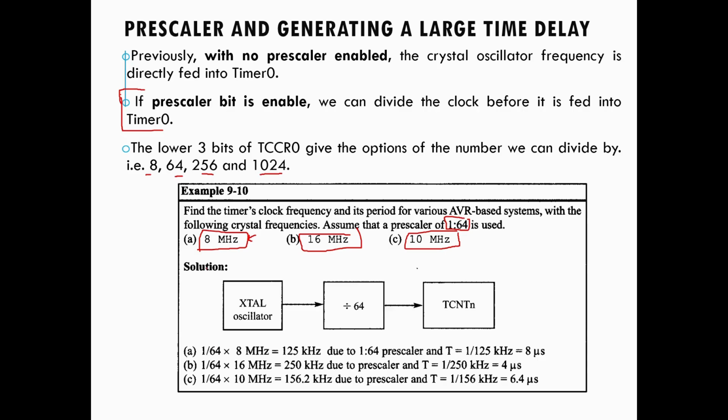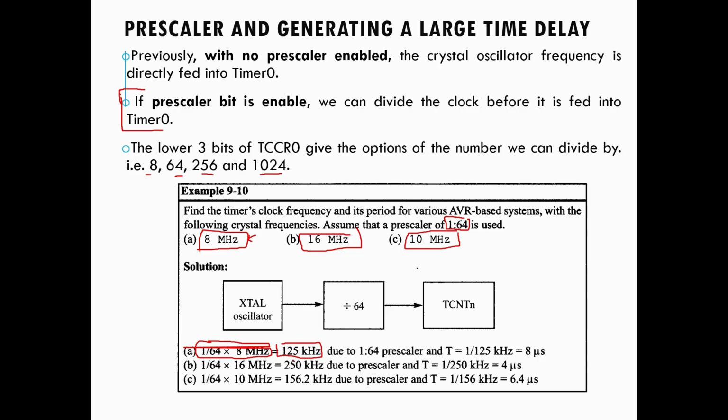For example, actually it is 8 megahertz, and you want to use the prescaler of 1 to 64. So you find 1 over 64 multiplied by the crystal frequency 8 megahertz. Therefore you will have 125 kilohertz only. Instead of 8 megahertz, you have rescaled it to 125 kilohertz.